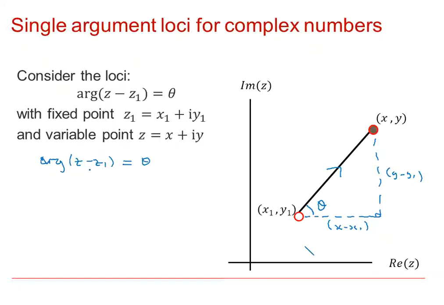Argument means the direction of this complex number shown on the diagram, and its direction can be found by doing tan minus 1 of the y direction divided by the x direction, and we need that definition of the argument to be angle theta.